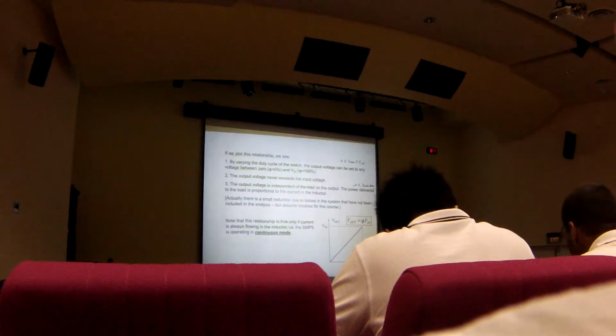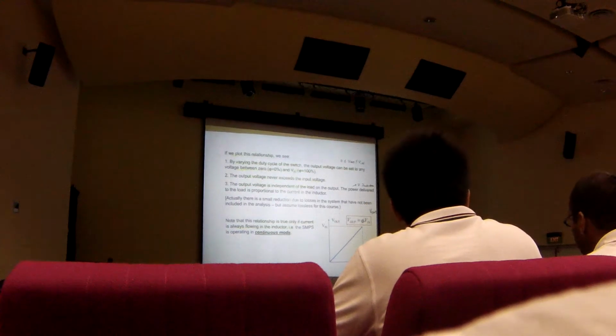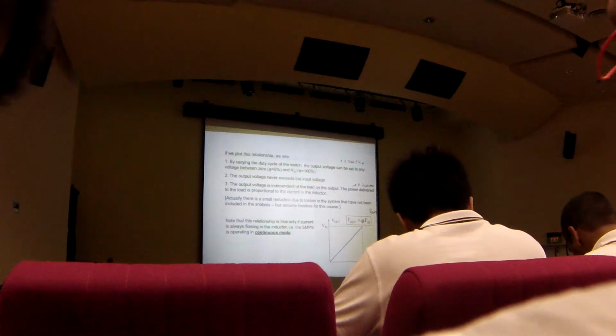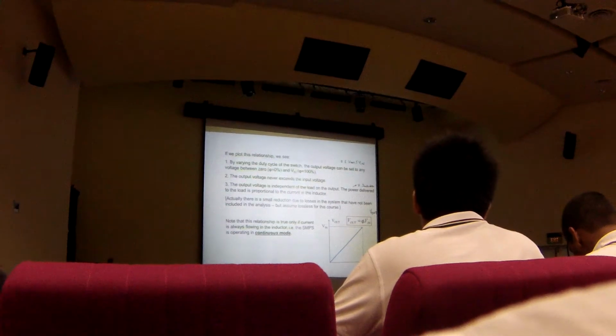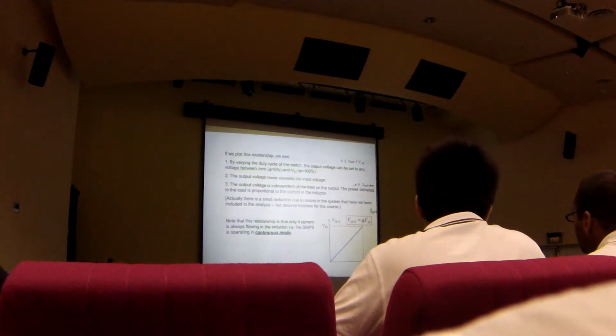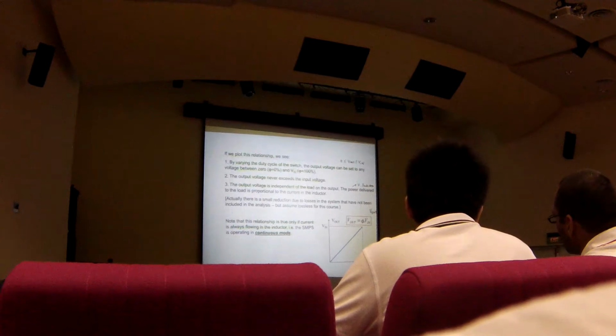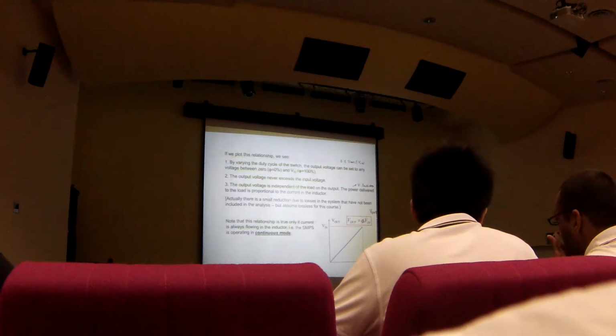Yes, your V out is always less than or equal to your V in, depending on your duty cycle phi. You can see, right, that this is a step down converter.